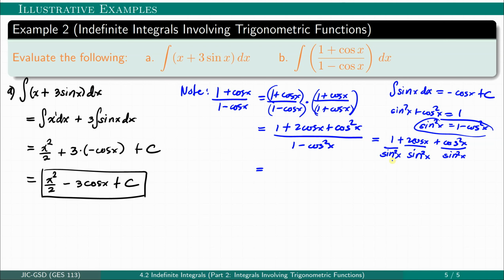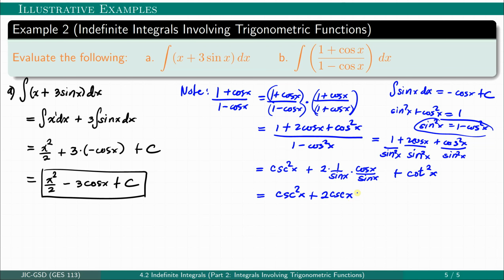So we can actually rewrite this further. 1 over sine squared x is cosecant squared x, plus we can rewrite this one as 2 times 1 over sine x times cosine x over sine x, plus cosine squared divided by sine squared x is actually cotangent squared x, and this will be cosecant squared x plus 2. 1 over sine x will be cosecant x.